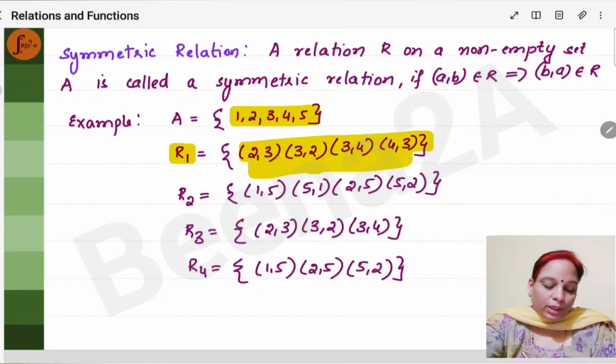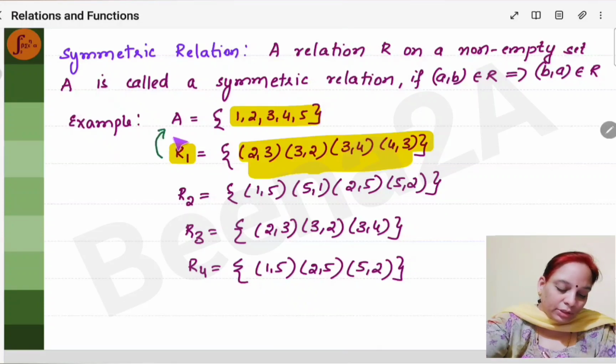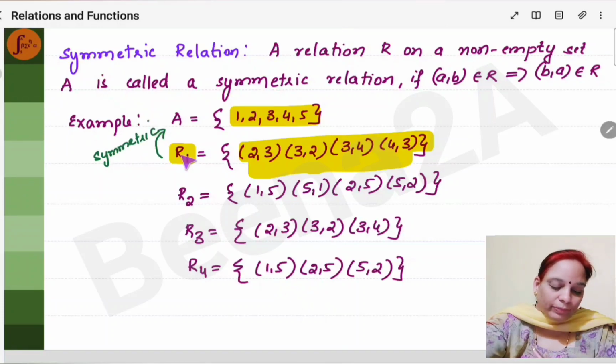So the condition for a relation on set A to be symmetric, if there is a relation R1 on A and that relationship is symmetric, is that whatever ordered pairs you have in R1, for example, if you take this first ordered pair, you have 2 comma 3.